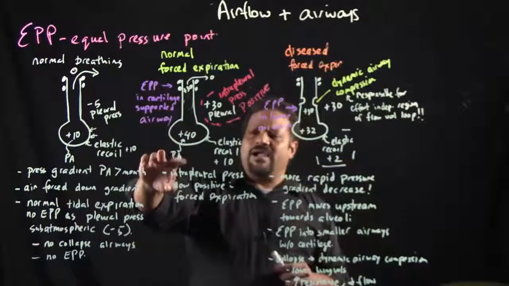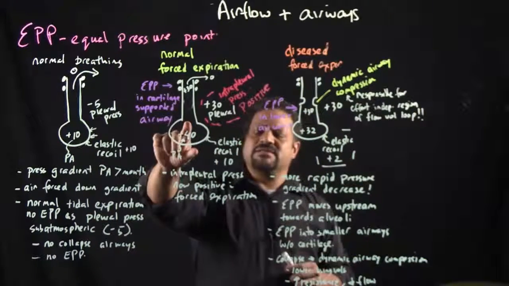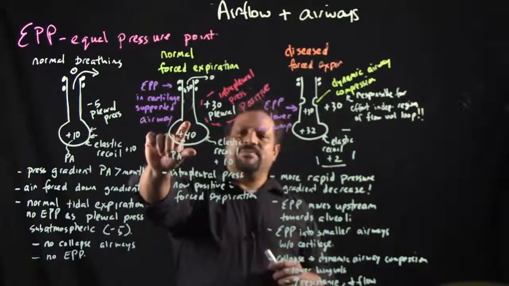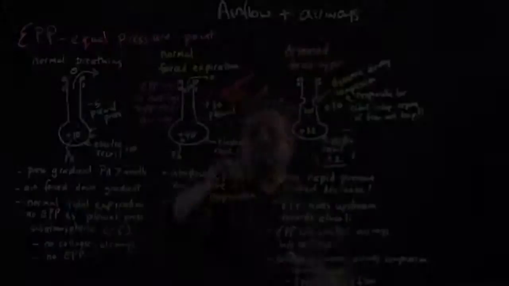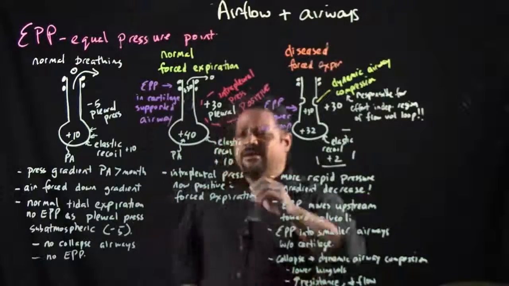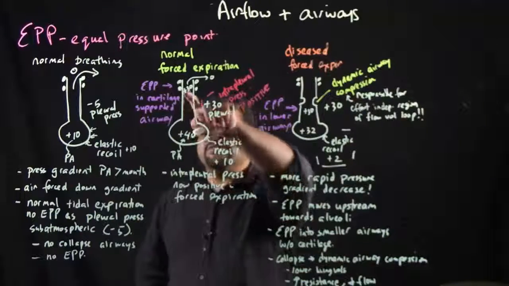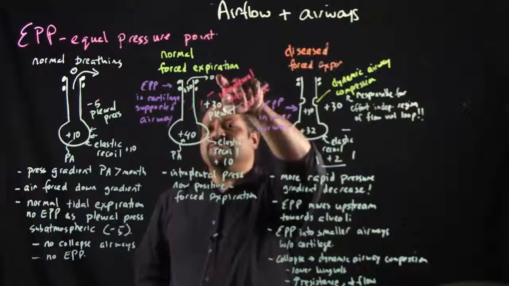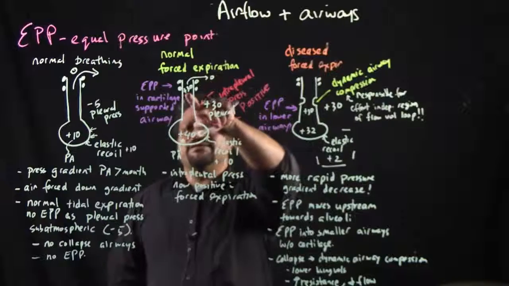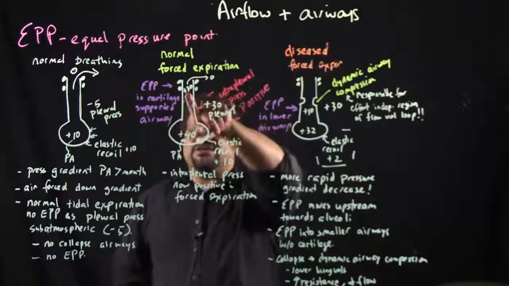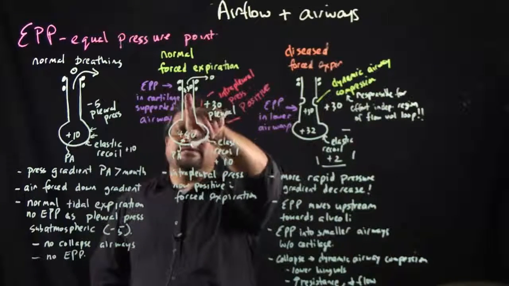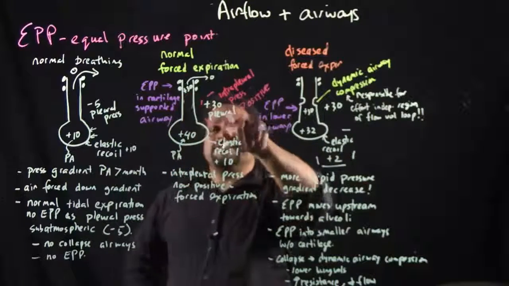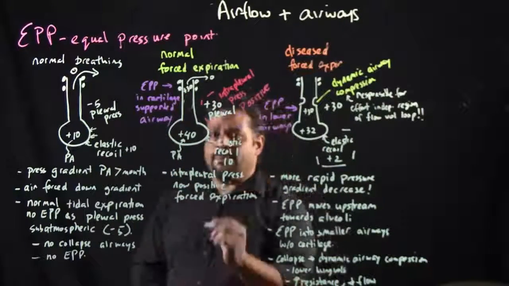The alveolar pressure is going to be plus 40 because the pleural pressure is going to cause it to be plus 30, and then you add that elastic recoil. And what happens is that pressure gradient decreases to the mouth where it's 0, okay? And at a certain point, that airway pressure is going to be plus 30, which is going to be the same as the pleural pressure, okay?